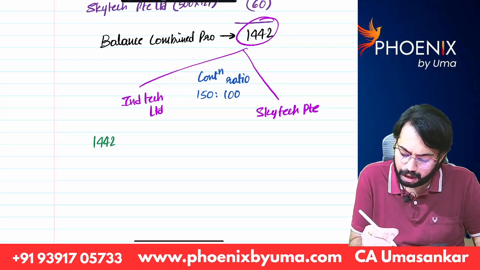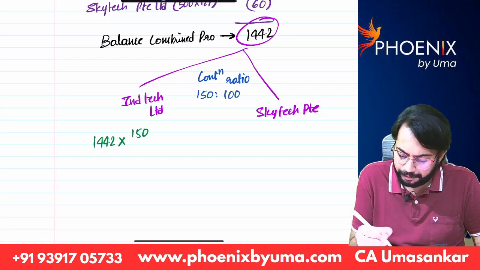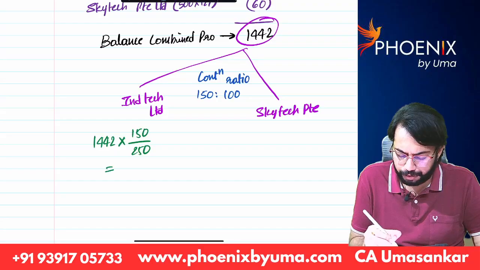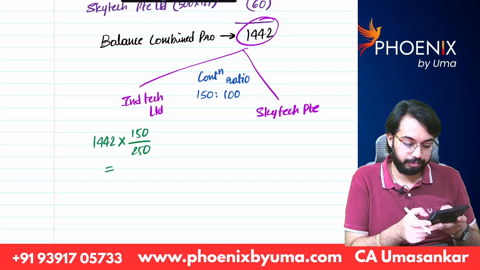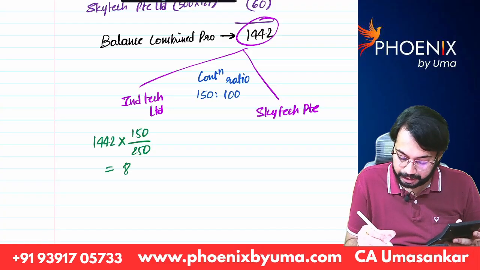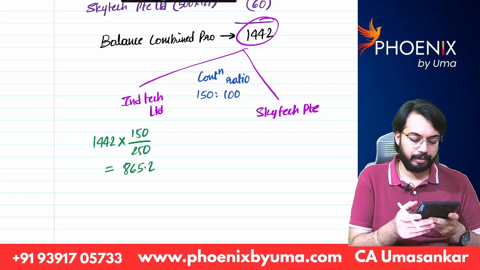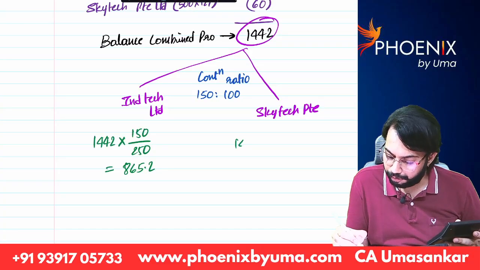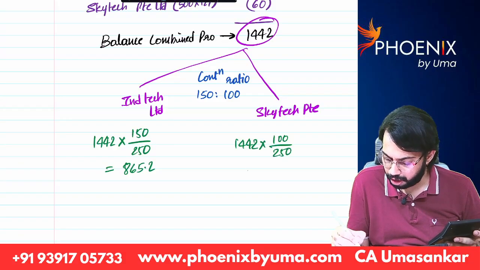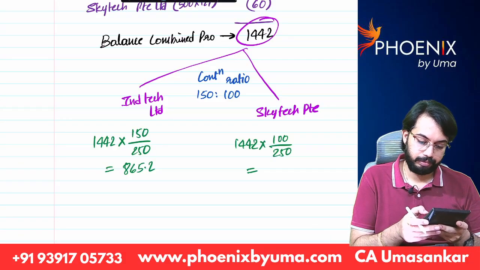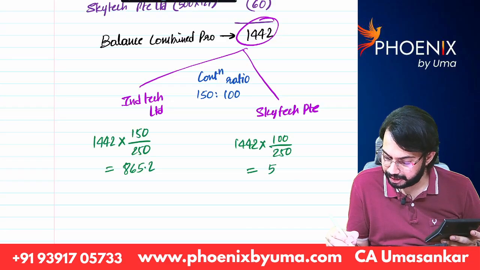So 1442 into 150 divided by 250. How much? 865.2. Here 1442 into 100 by 250. How much? 576.8.